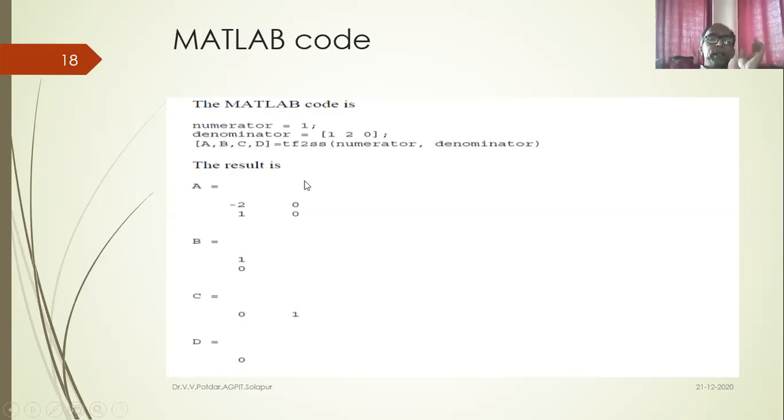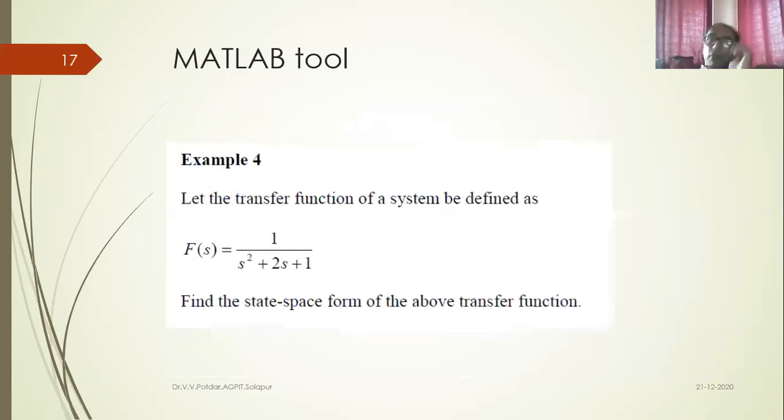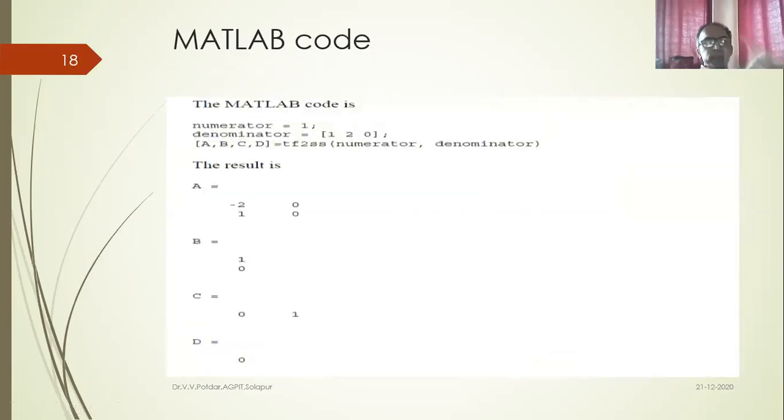At the click of a button, MATLAB will give me matrix A, matrix B, matrix C, and matrix D. This is how the MATLAB toolbox can be used to get the state space matrices from the transfer function.